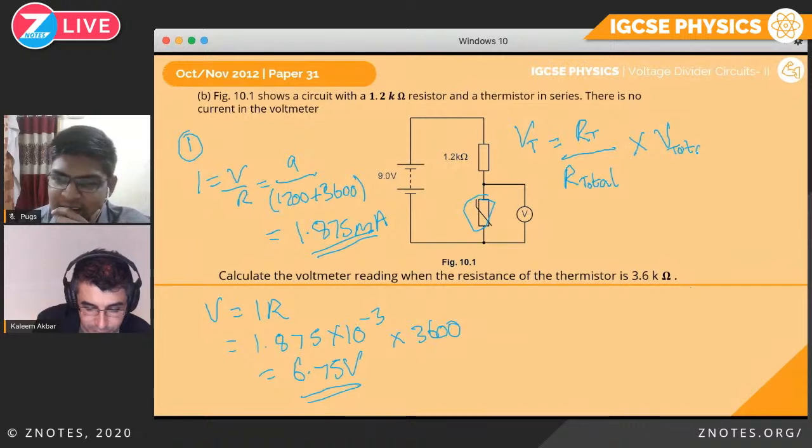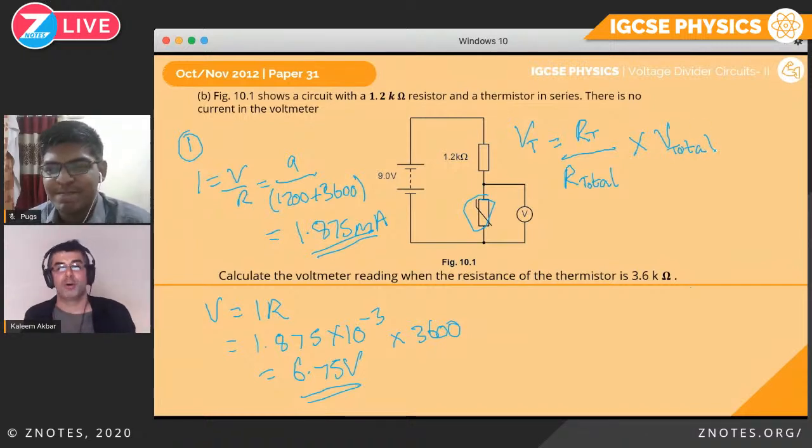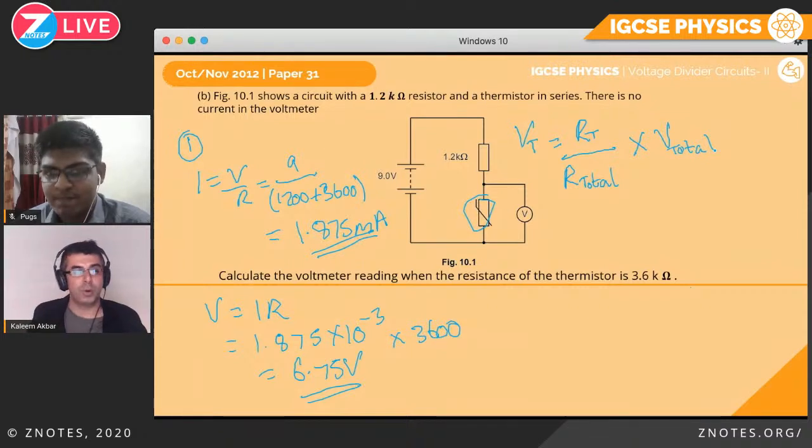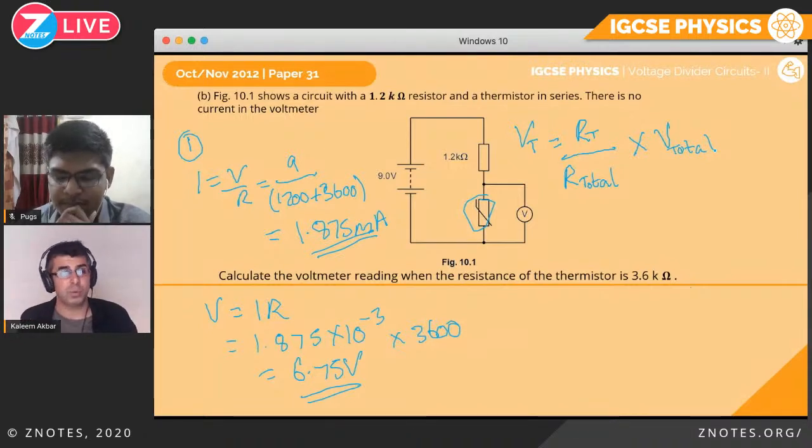Not well thought out, teacher. So voltage of the thermistor equals the resistance of the thermistor divided by the total resistance times total voltage. Now, guys, I can prove to you that this is all derived from V equals IR and the formulas for resistance in series and resistance in parallel. But we don't need to go there.